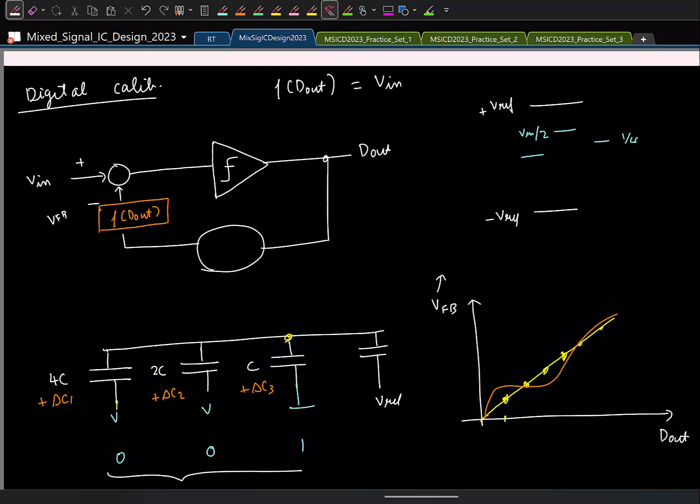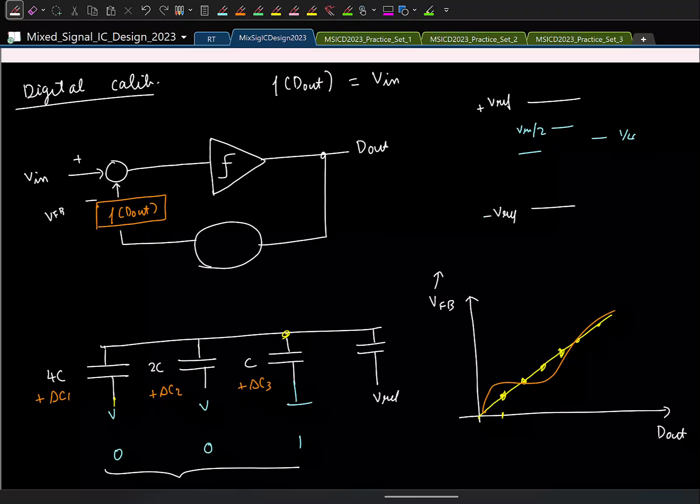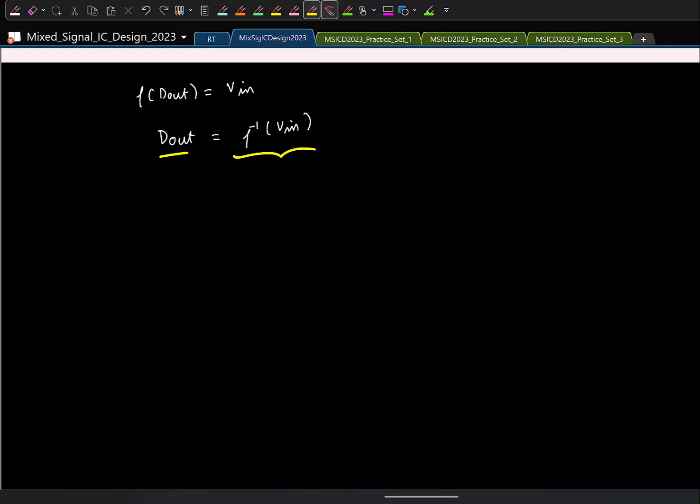So now what we have is this, let me put it to next page. F of d out is d in. So which means d out is, what is d out? F inverse of V in. And as you expect, we have nonlinearity. The digital data, if you process it as such, it is a nonlinear function of the input.